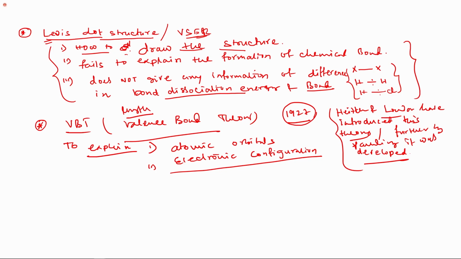How atomic orbitals and electronic configurations are involved, and how this atomic orbital theory and the electronic configuration have been introduced in the valence bond theory, that we will know today.